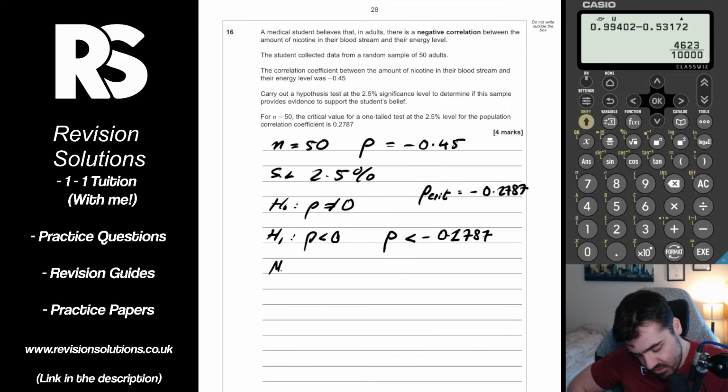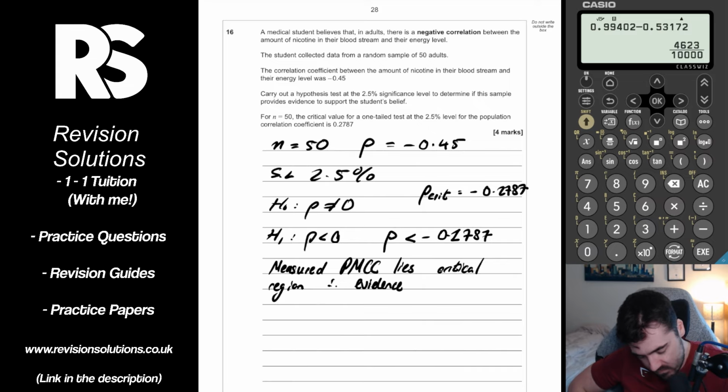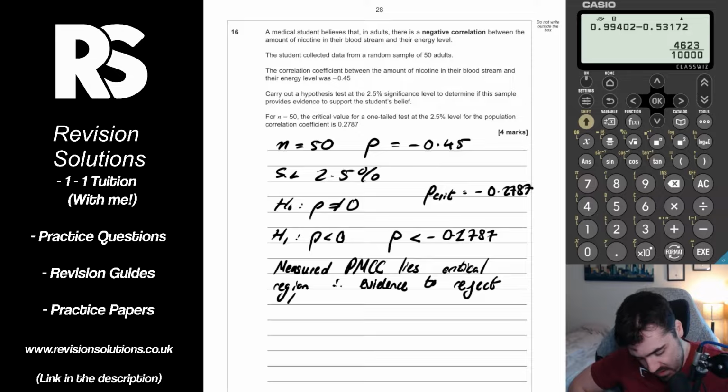Therefore, there is evidence to reject H0, in favor of negative correlation.